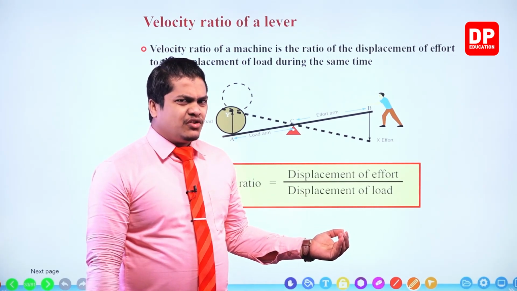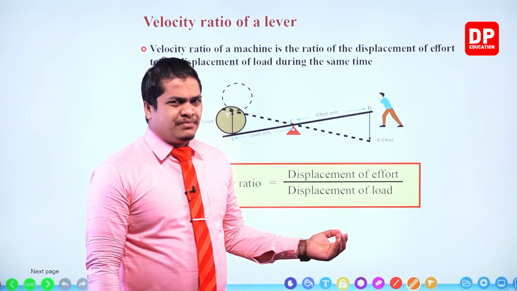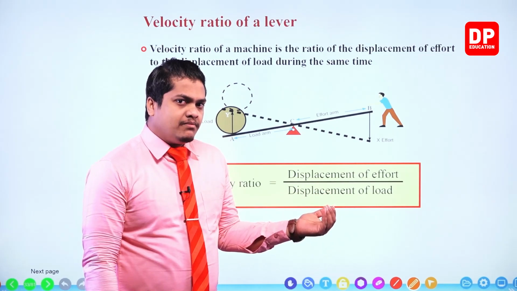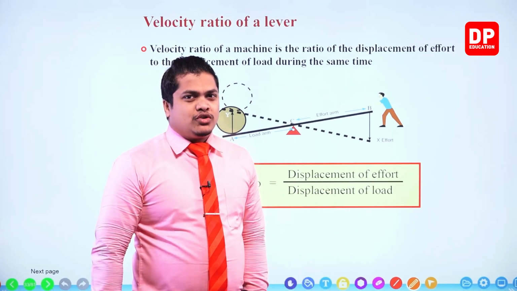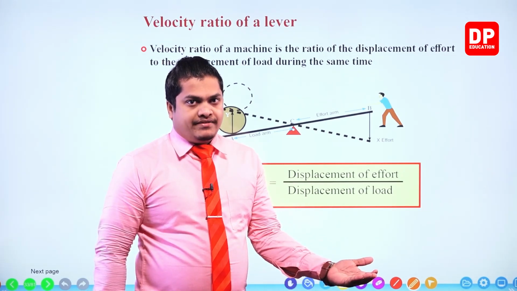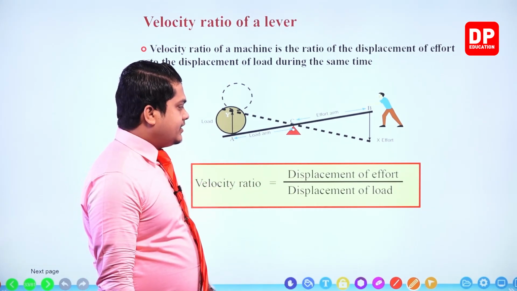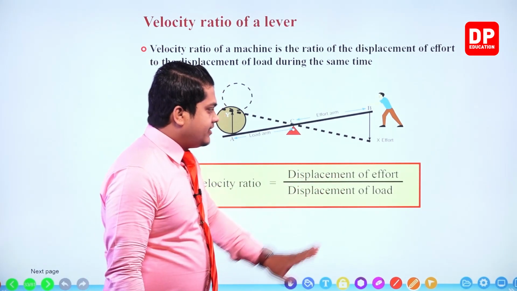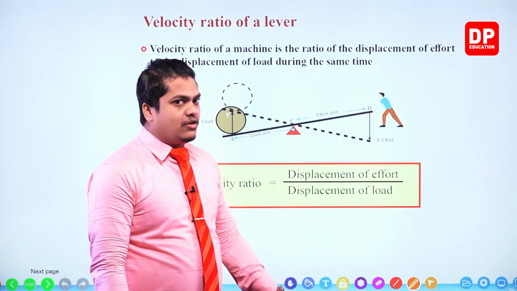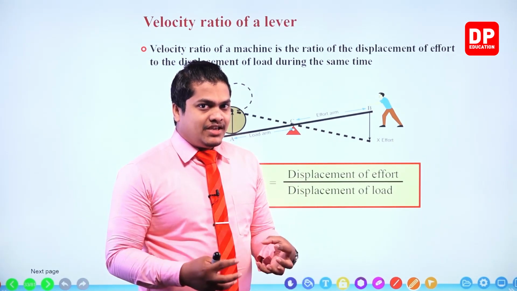Ratio means a division of two numbers. So to find a ratio, you just take one value and divide it by the second value. So velocity ratio can be defined as displacement of the effort divided by displacement of the load.